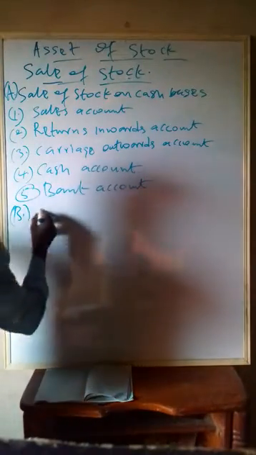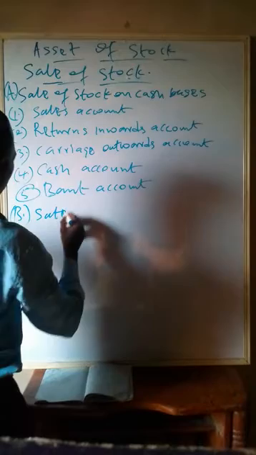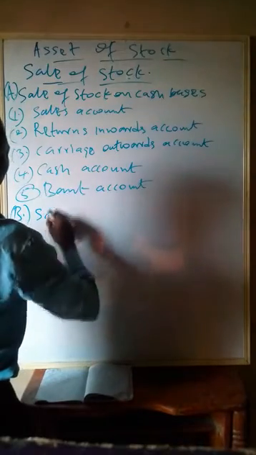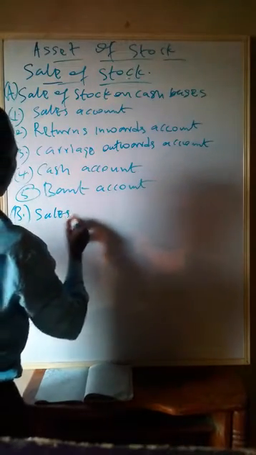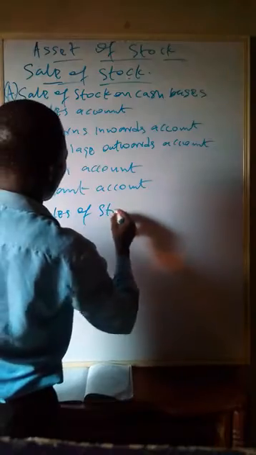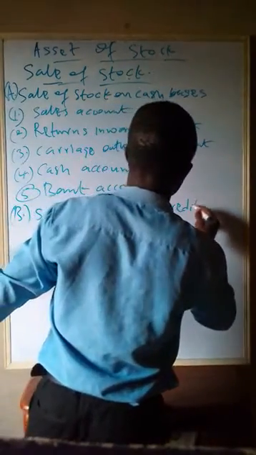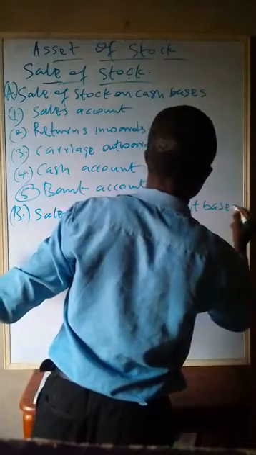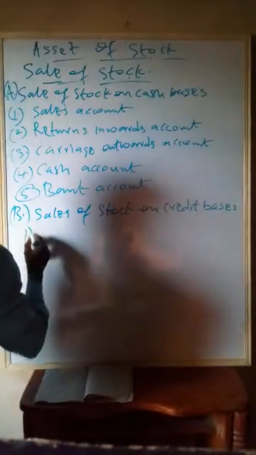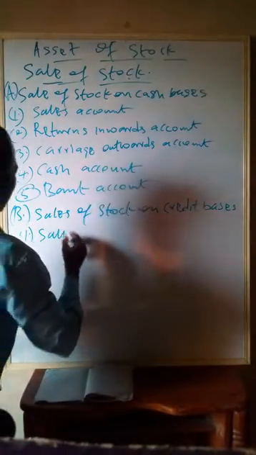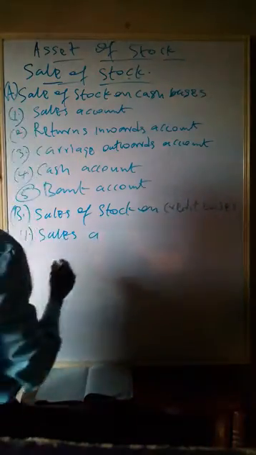B, sales of stock on credit basis. You have one, sales account.